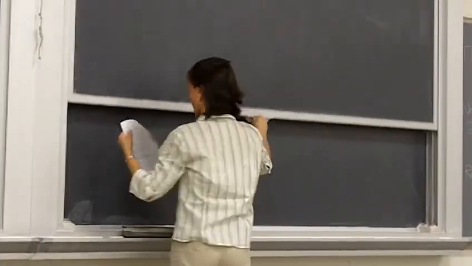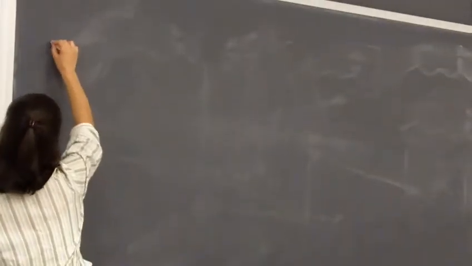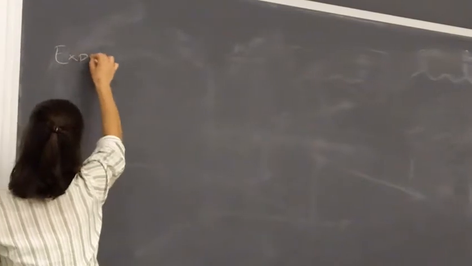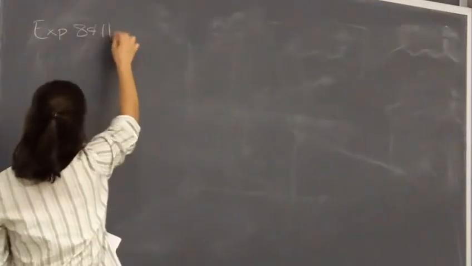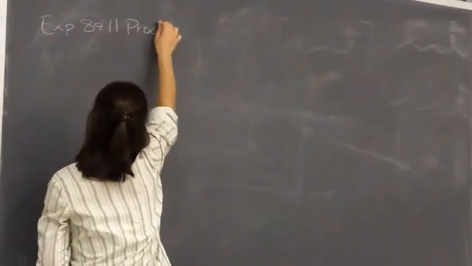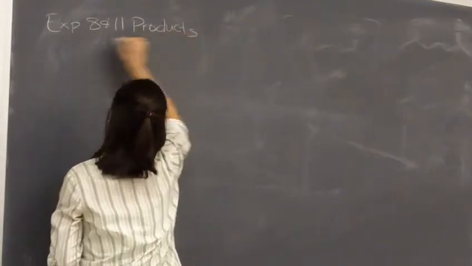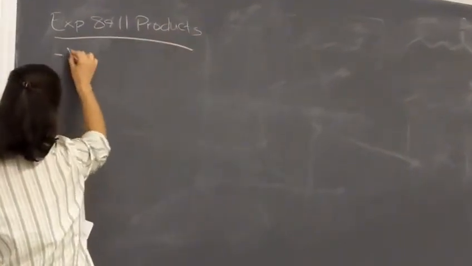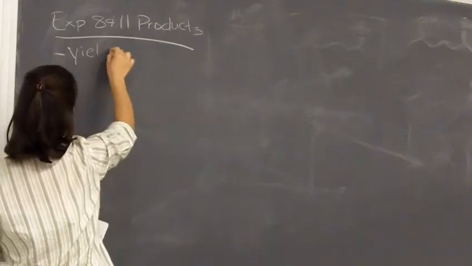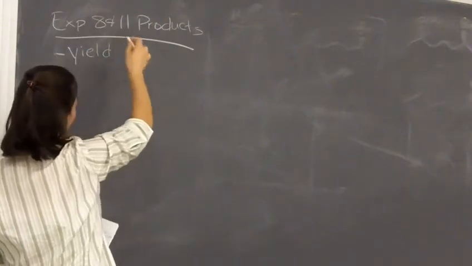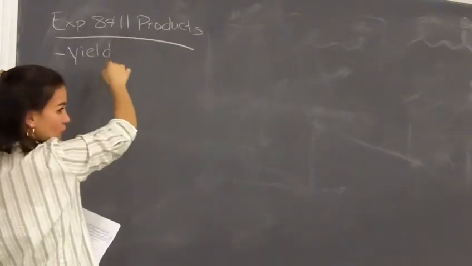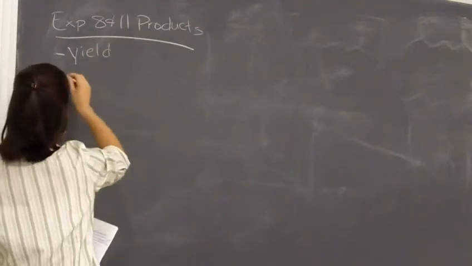So then you need to take care of making sure you have all the data collected for experiment 8 and 11, okay? So both experiment 8 and 11 products, you're going to need a yield. So before you make a GC mass spec or GC sample or IR sample, you need to make sure you have a good yield.